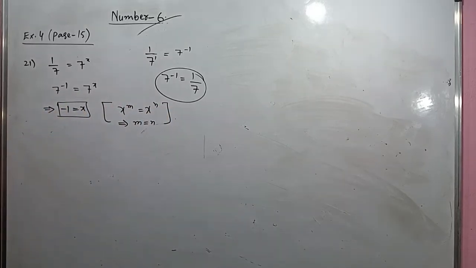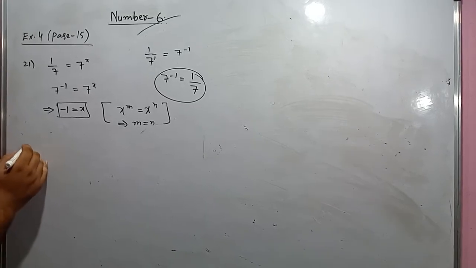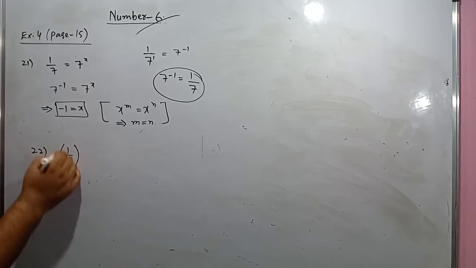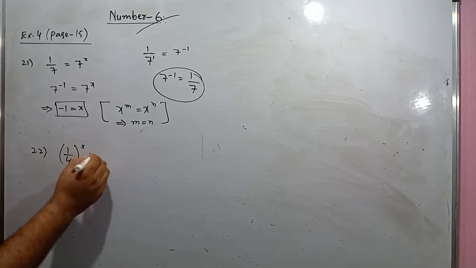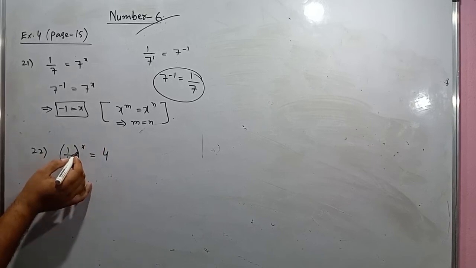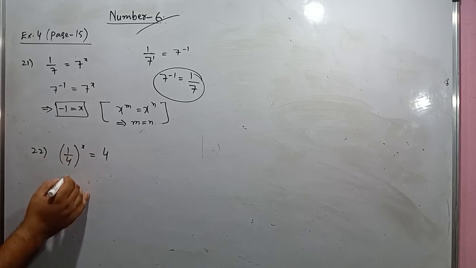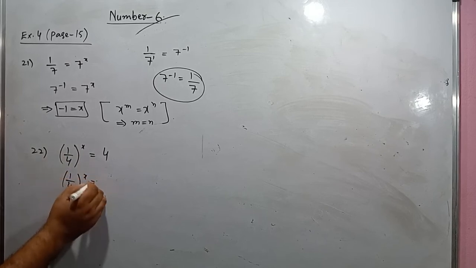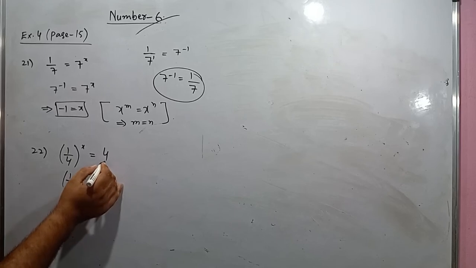Now next you can see it is 22. It's (1/4) whole power x equal to 4. So what I will do here, you can see it's power x. It's 1 divided by 4 whole power x, so I will write its reciprocal.